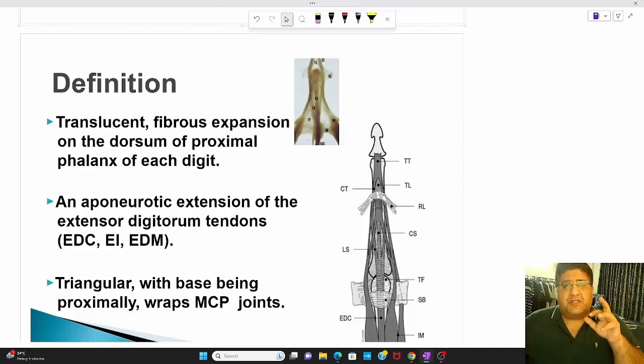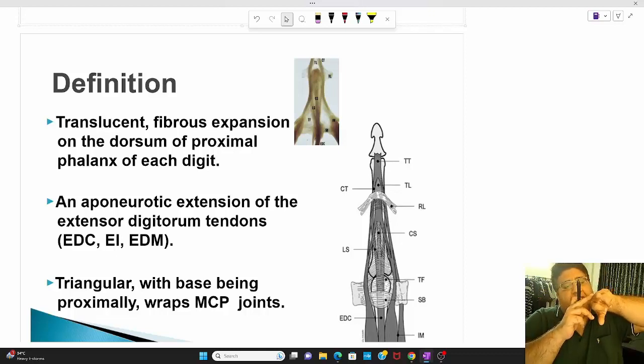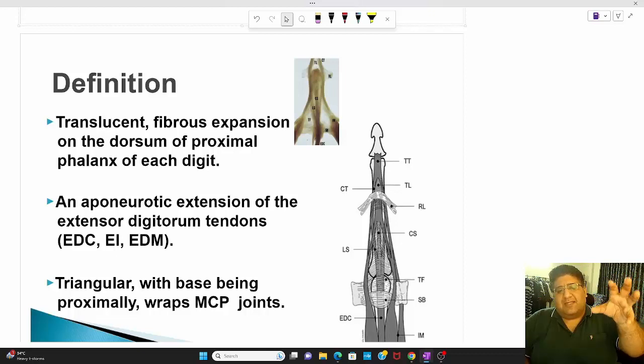Please try to understand that on every digit, on the dorsal part of the proximal phalanges, you see a translucent fibrous expansion, and that is what is called the dorsal distal aponeurosis. It is an aponeurotic extension of the extensor digitorum tendons, EDC, EIP, EDM.